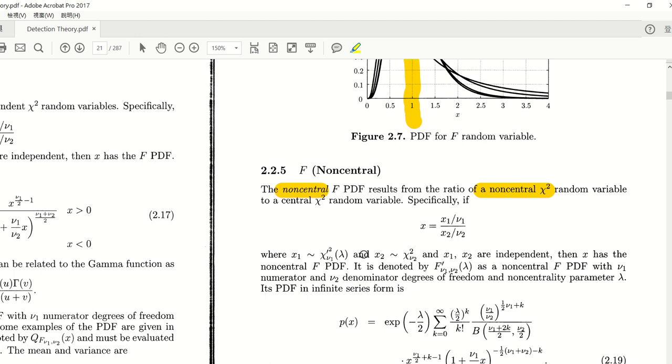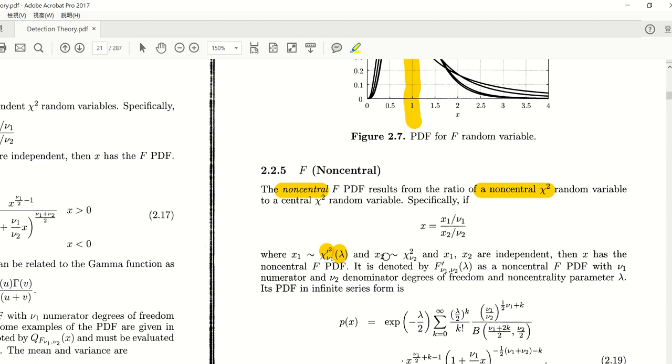And this is additional explanation. x1 is distributed as chi-square non-central. There is a prime here; the prime means non-central, and it has non-centrality parameter lambda.